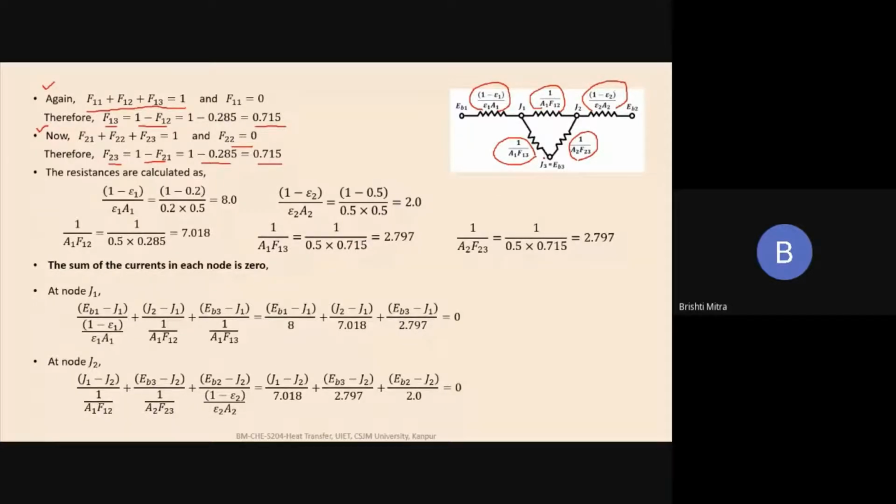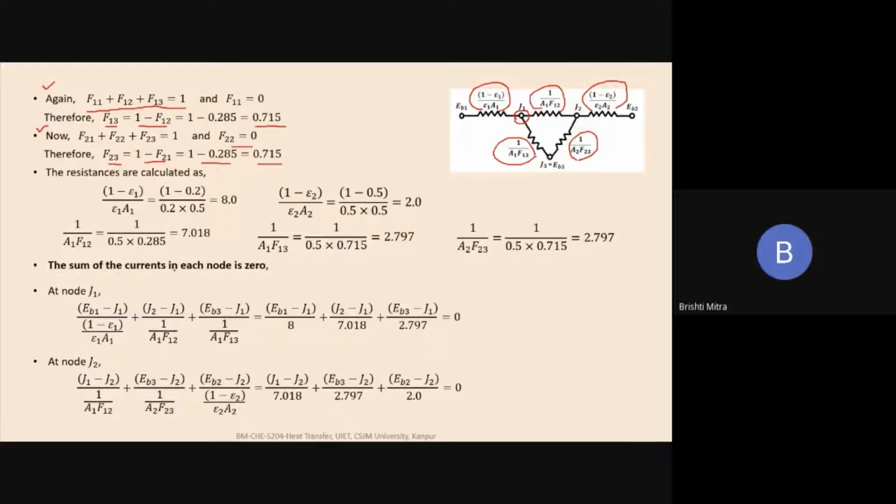Now, if you remember how we used to solve our electricity problems, if I consider this to be a node, node J1 out here, at node J1 the sum of the currents is equal to 0. At each node, the sum of the currents is equal to 0.